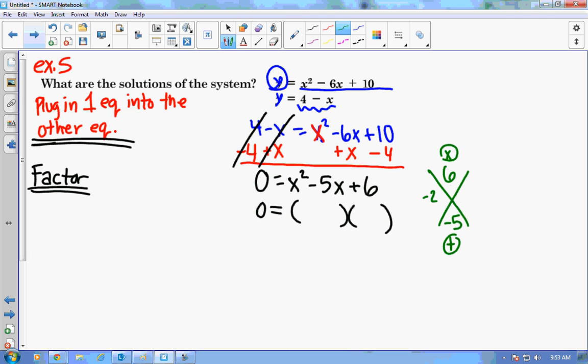So, x minus 2 and x minus 3. Those are the factors, though. They're not the solutions. Okay? Brian P, how do we find solutions if we know the factors?